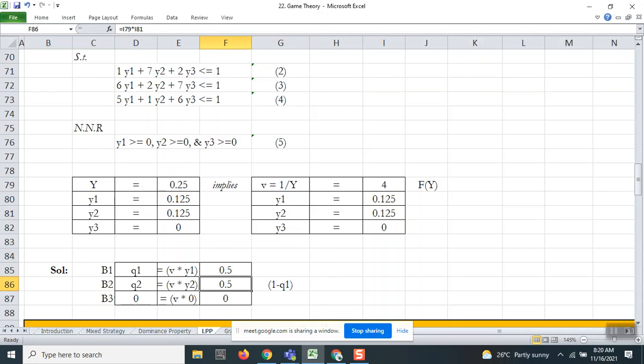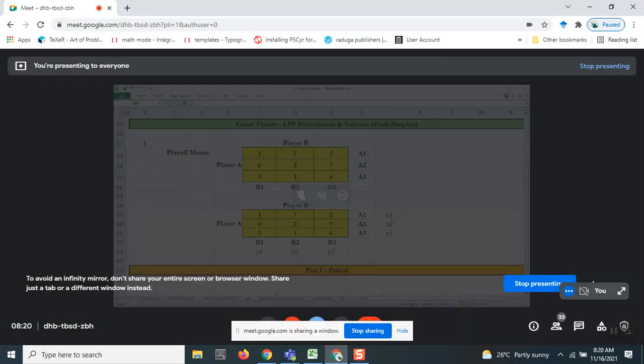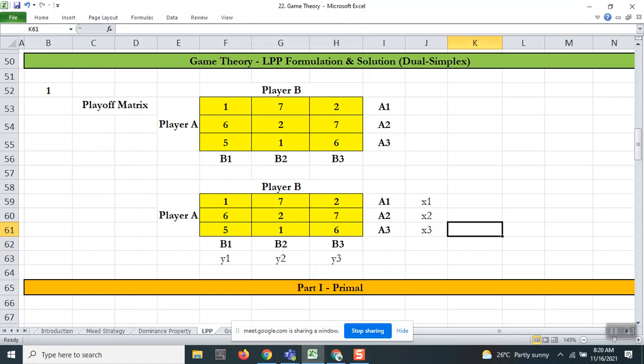Both have the same value, and b3 is discarded from the original problem. So from the LPP we understand that this particular strategy gets removed.